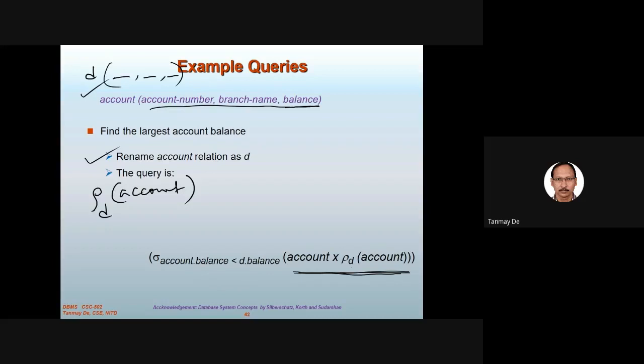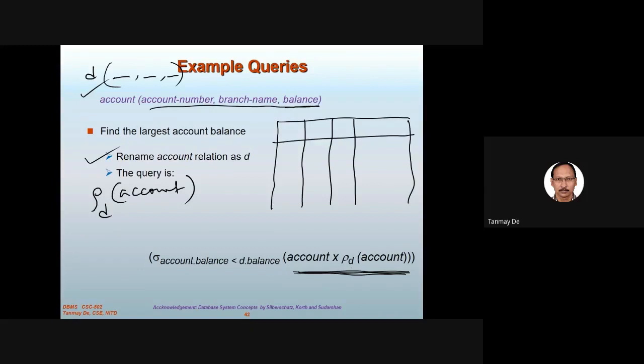When we perform this Cartesian product, how many columns does it contain? One column for each attribute of account, and the same for D. Here we write account dot account number, account dot branch name, account dot balance.